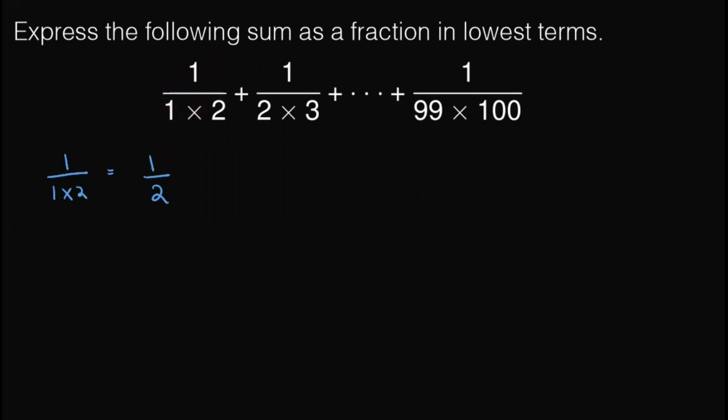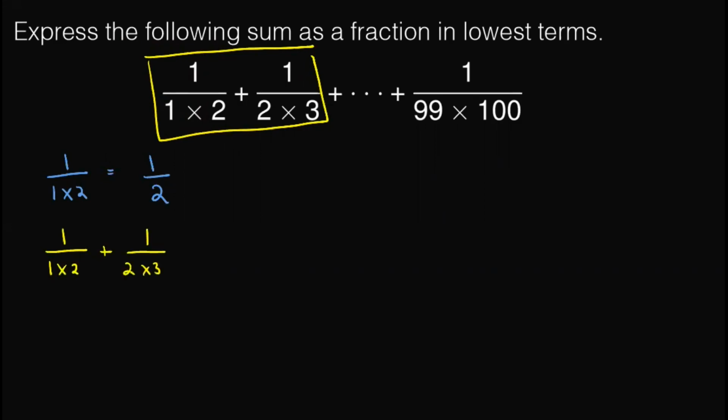Now this time, let's try to observe this 2. Then we will have 1 over 1 times 2 plus 1 over 2 times 3. Simplify this one, we will have 1/2 plus 1 over 6.